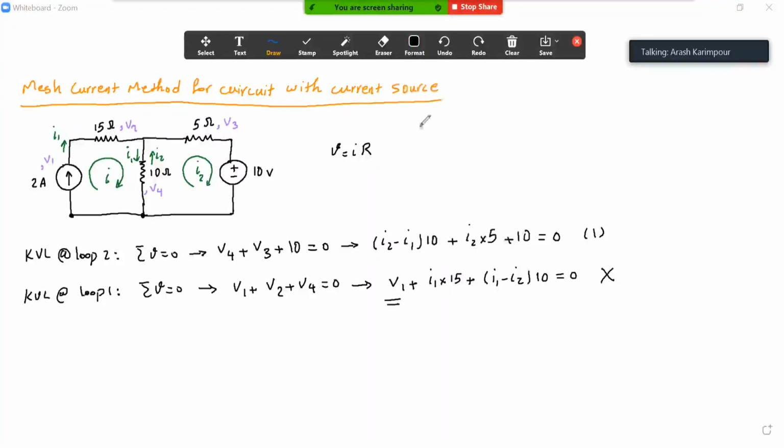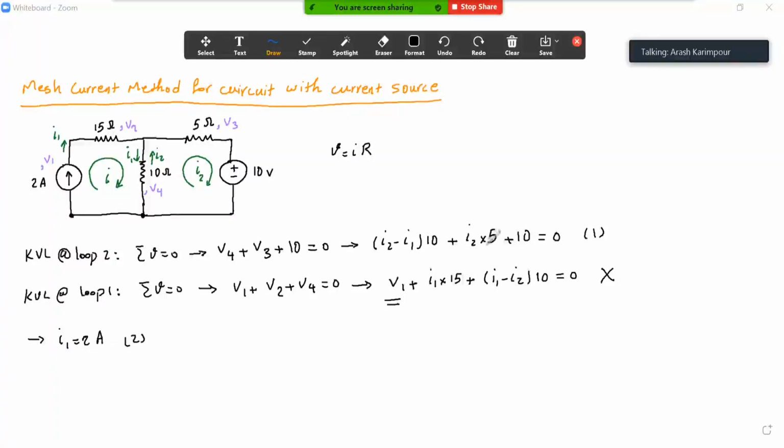So I can simply say I1 should be equal to 2 amp, because exactly this is what I have. That current source just pushes the 2 amp in that wire, and I know that wire current is I1, so they should be equal. So I1 is 2 amp, and it's going to be my second equation.